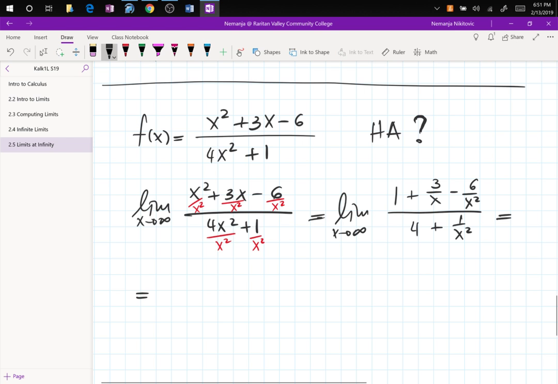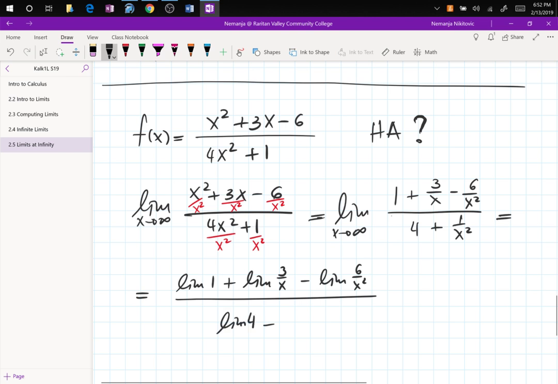Now, what do the limit laws from last class say? Take the limit and assign the limit to each one of these individually. So now you have limit of 1 plus limit of 3 over x minus limit of 6 over x squared, divided by limit of 4 plus limit of 1 over x squared.